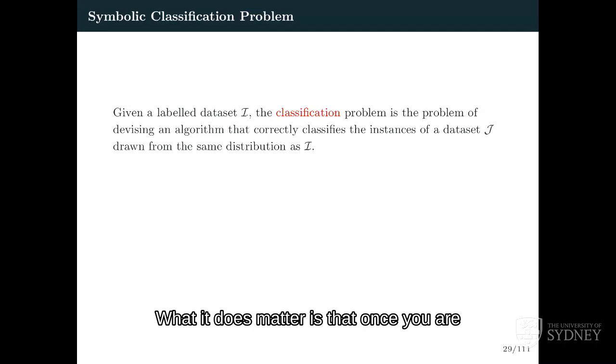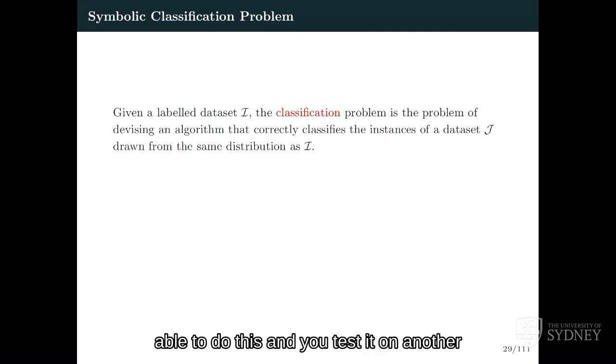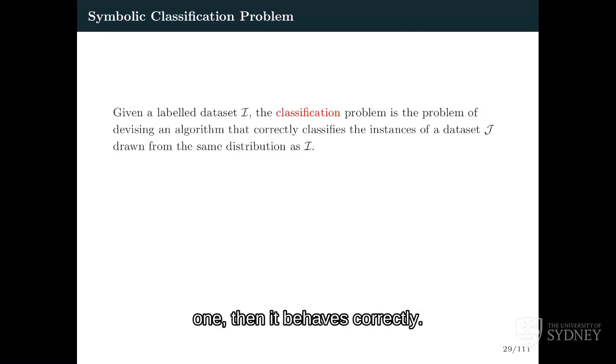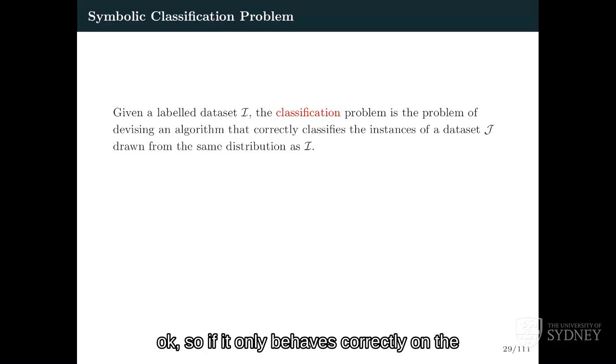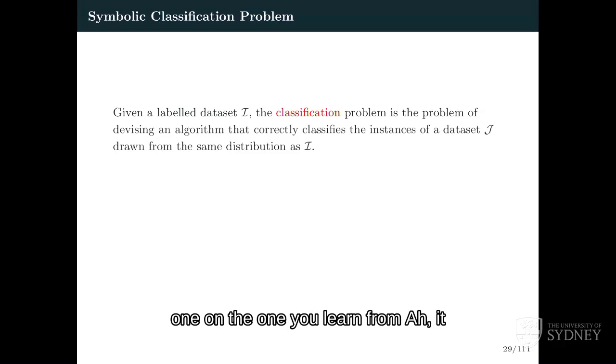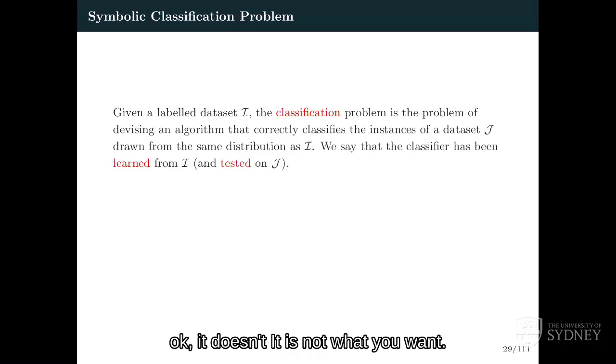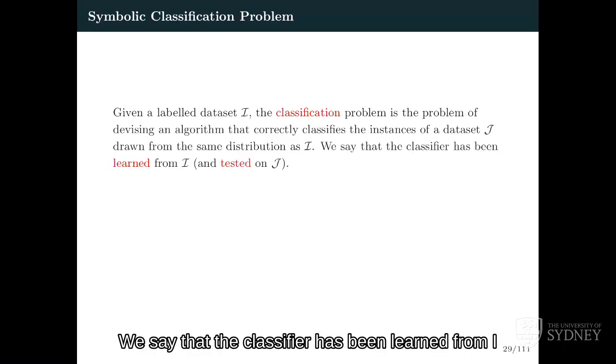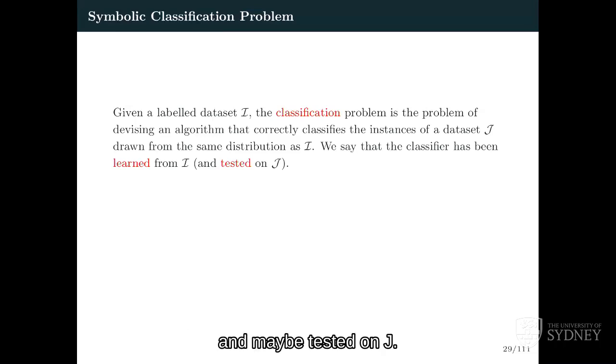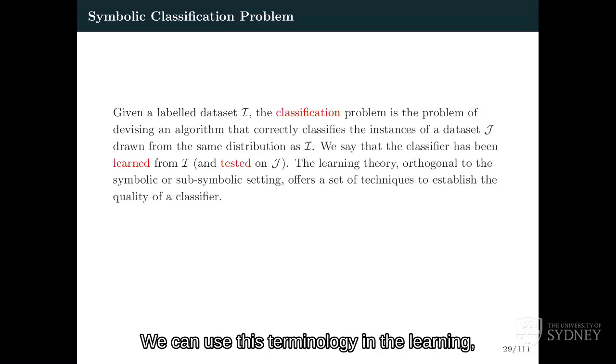What does matter is that once you are able to do this and you test it on another one, then it behaves correctly. If it only behaves correctly on the one you learned from, it's useless. It's not what you want. We say that the classifier has been learned from I and maybe tested on J. We can use this terminology.